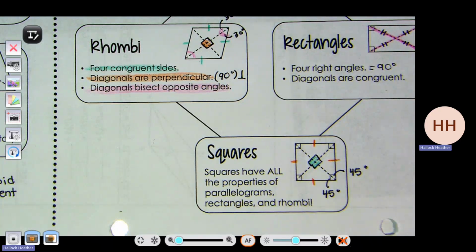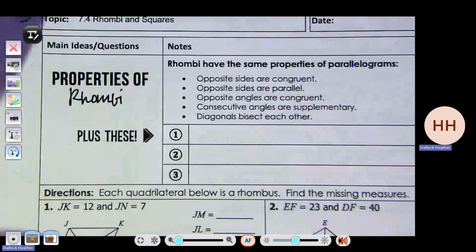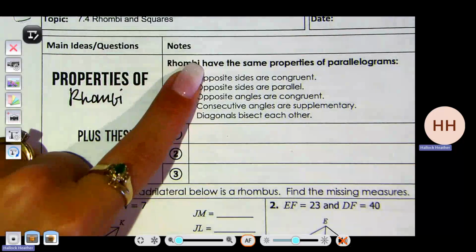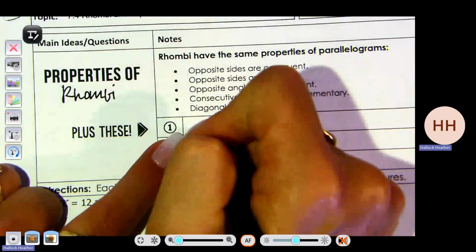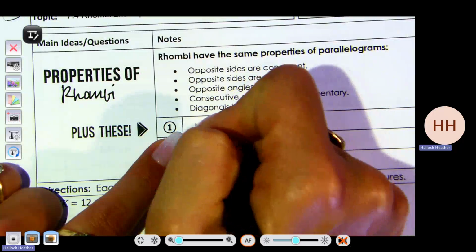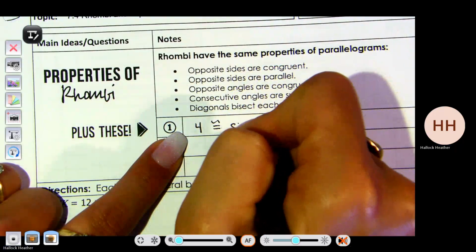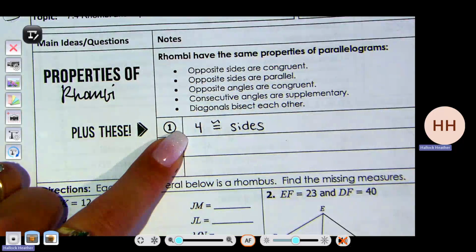Okay, so let's go to our paper. On today's paper for rhombuses or rhombi, we're going to add in our new things. So we have everything a parallelogram is, plus 3 new things. We have 4 congruent sides. Like I said, if one side is 5, the rest are automatically 5.